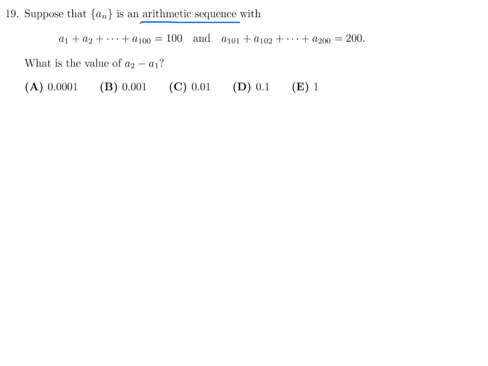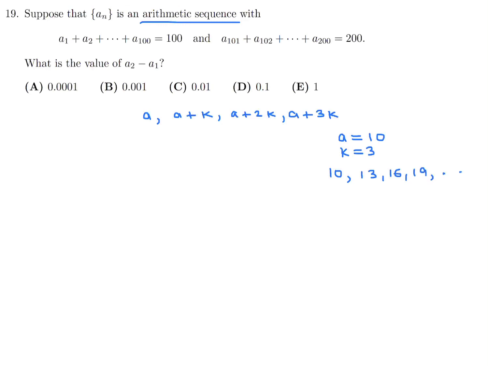If you're not familiar with arithmetic sequences, they are of the form a plus k, a plus 2k, a plus 3k, and so on. For example, if a was 10 and k was 3, you would have a sequence of the form 10, 13, 16, 19, and so on.